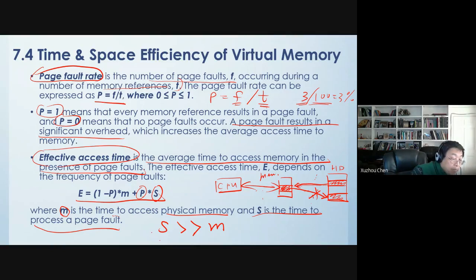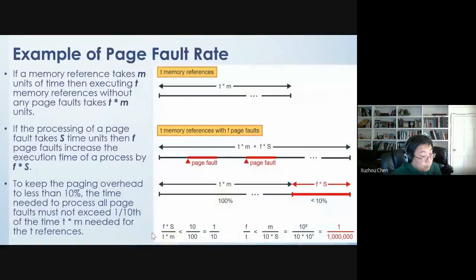Okay. Now let's take a look at an example. So T is the memory reference, so that's the total page reference. And M is the speed. So a memory reference takes M units of time.